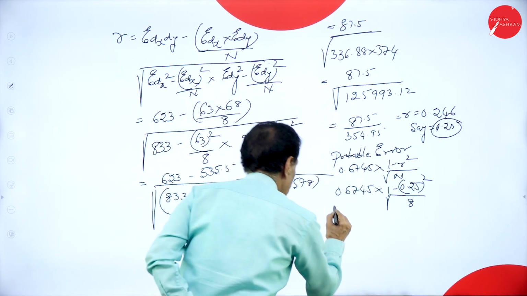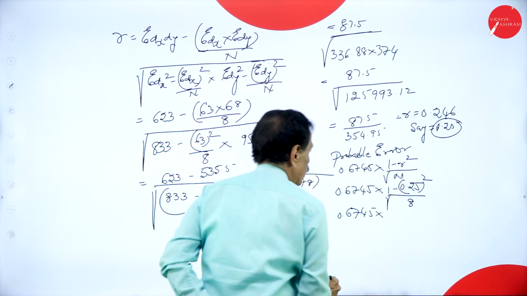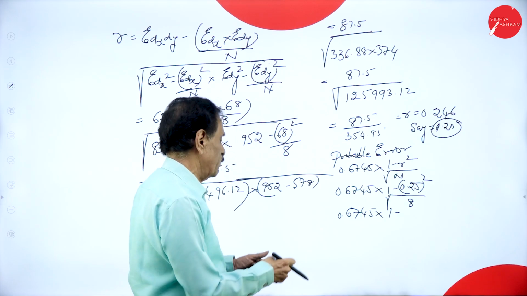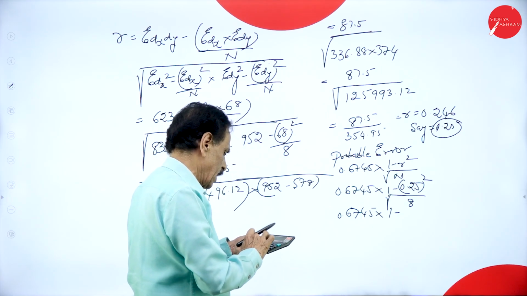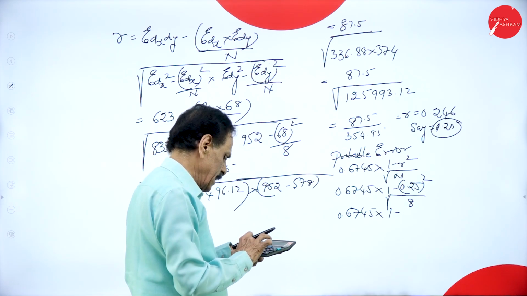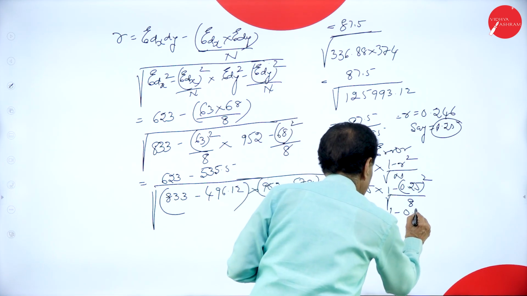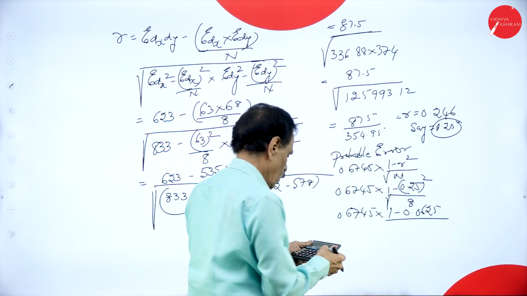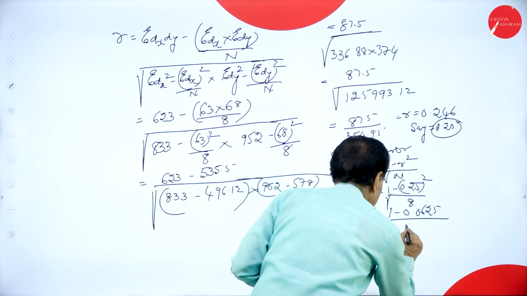Simplify. 0.25 into 0.25 is 0.0625, then root of 8 is 2.83.